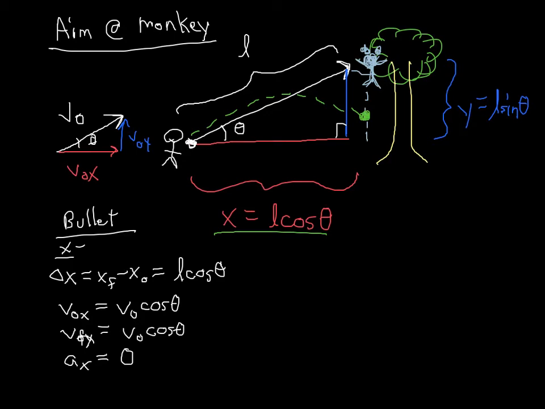And then finally, we come to the final variable of interest, which would be a delta t. And delta t, I don't know what that is. But if I look over here, I can see that I know delta x, I know v initial x, I know v final x, I know the acceleration in the x. So I know pretty much everything in the x direction except for this delta t. So I can use all of these equations that I know and find this time.